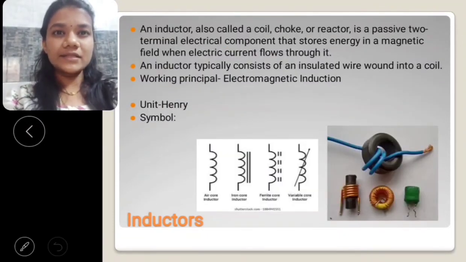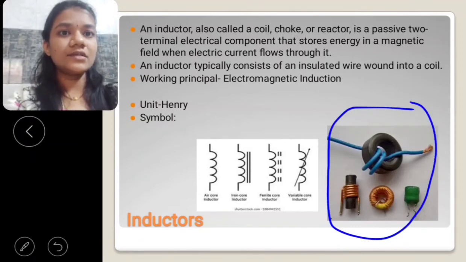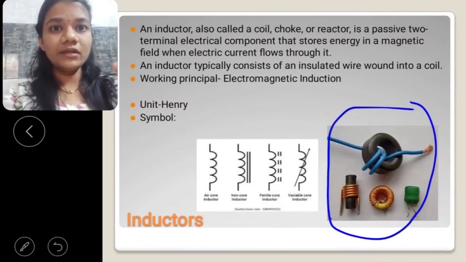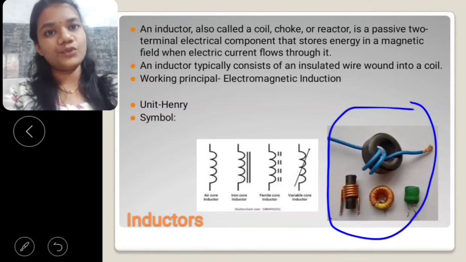Then the third passive component is the inductor. This image shows inductors. An inductor is nothing but, we can say, a coil or a choke. It's a passive two-terminal electrical component that stores energy in a magnetic field when electric current flows through it.